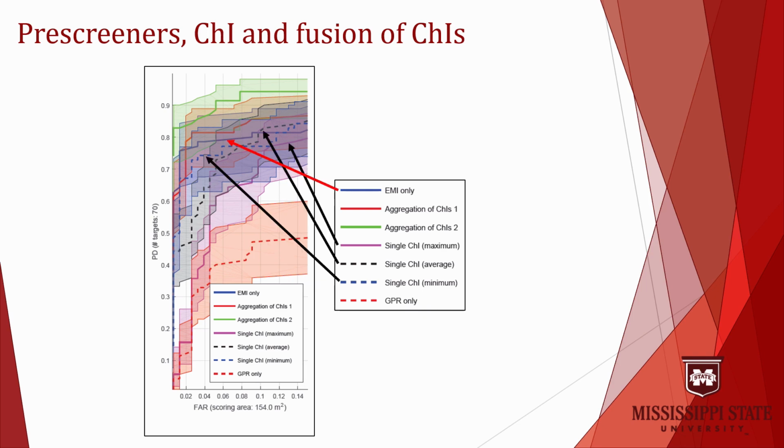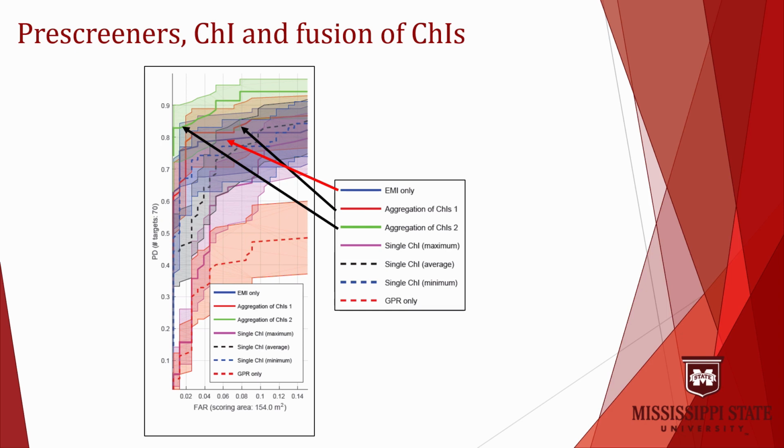You can see where the red line is pointing to our EMI only algorithm, and we could see that the single Choquets really weren't giving us much performance, if anything a little bit better or on par with EMI by itself. Then we move on to our other aggregation strategies, where we can tailor them a little bit more, and we start to see some performance increase. So we know that the Choquet and tailoring actually does help.